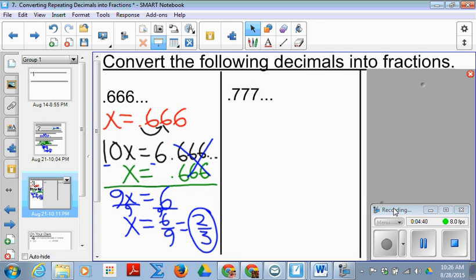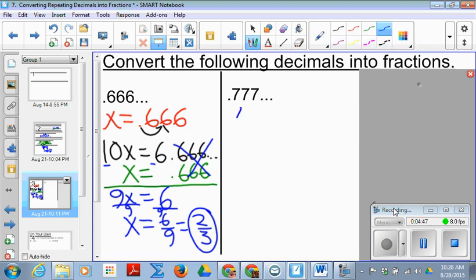A little less common, but not too difficult if we have the hang of this, is 7/10 repeating. So we'll start by setting that equal to x. Multiply each side by 10. Now we have 10x equals 7.777 repeating.